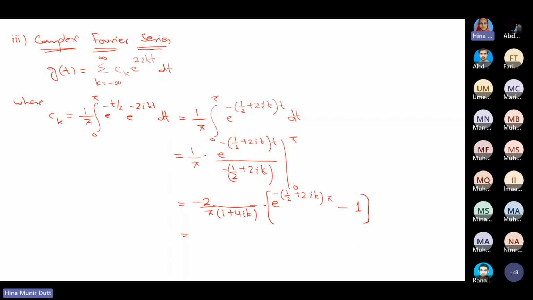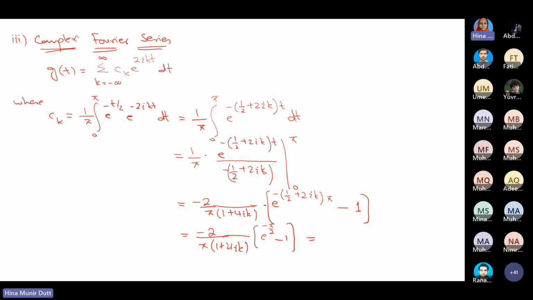So minus 2/pi, 1 plus 4 iota k, and this is e to the power minus pi/2 multiplied by e to the power 2 iota k pi. e to the power 2 iota k pi is equal to 1 because by Euler's identity, it is equal to cos of 2 k pi plus iota sine of 2 k pi. Cos of 2 k pi is equal to 1, sine of 2 k pi is equal to 0, so it is equal to 1 minus 1.